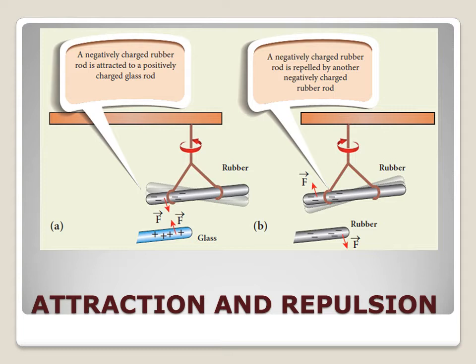Now, if you bring a charged glass rod close to the charged rubber rod, then they start to attract. So, we can conclude that similarly charged particles repel each other, and differently charged particles attract each other. Now, what are these charged particles?